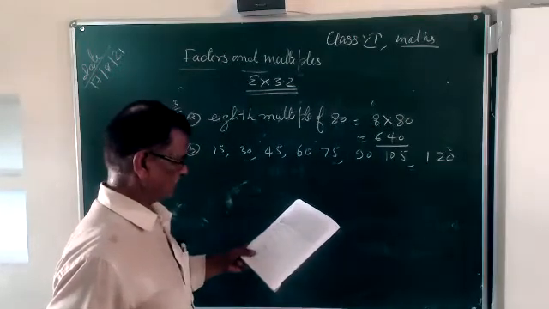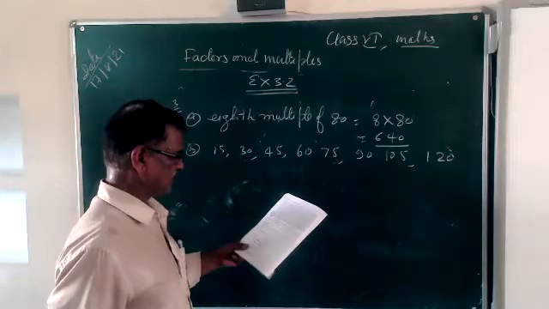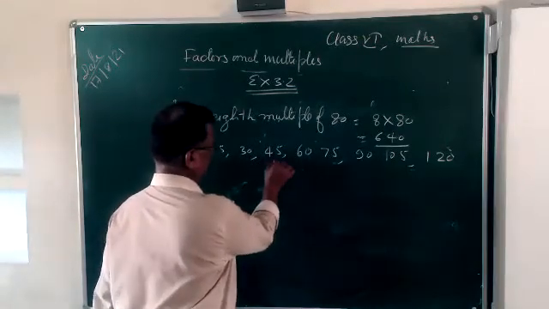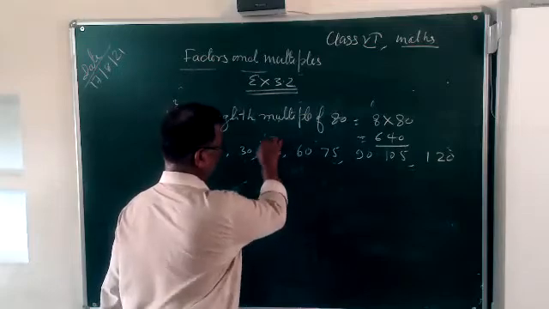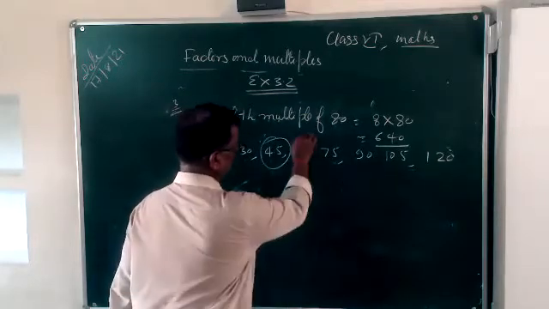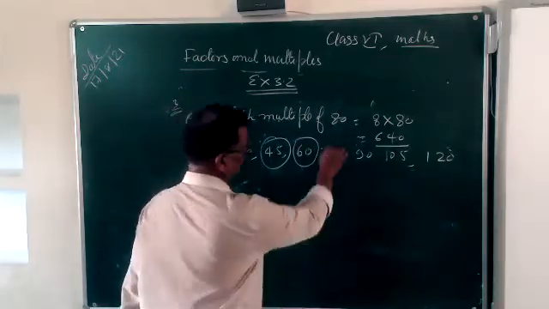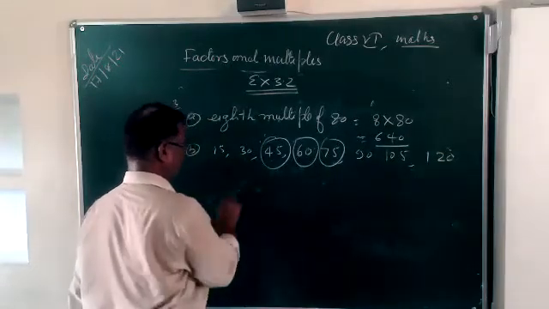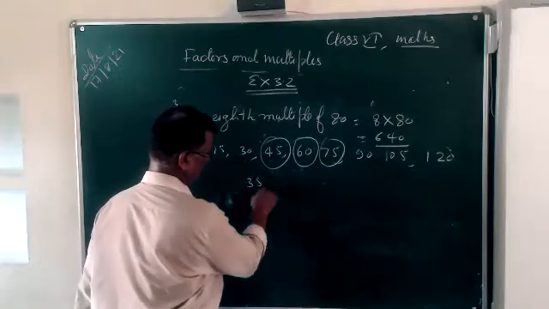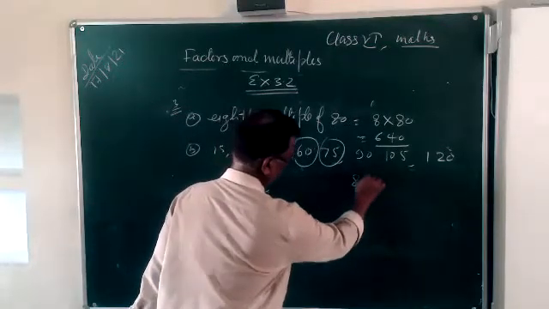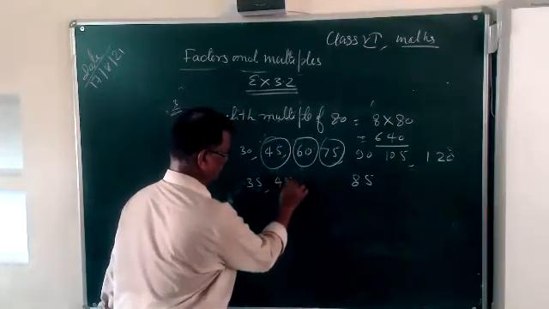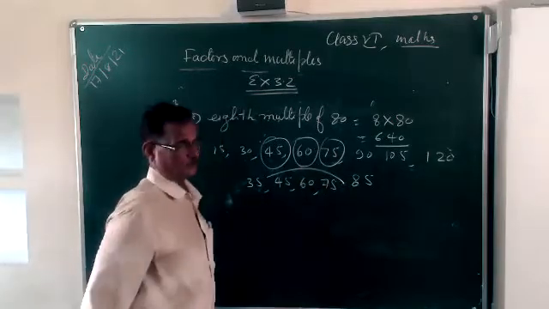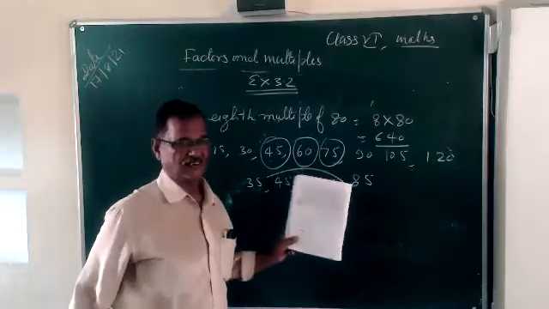Asking here multiples of 15 between 35 and 85. It means after 35, 45 will come, 60 will come, 75 will come. Then the multiples of 15 between 35 and 85 are 45, 60 and 75. These are the multiples between 35 and 85.